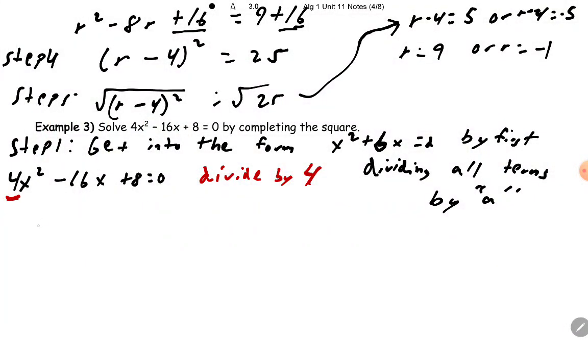So I'm going to get 4 divided by 4 is 1, so x squared. Negative 16 divided by 4 is negative 4. And 8 divided by 4 is 2. So this is my new equation.